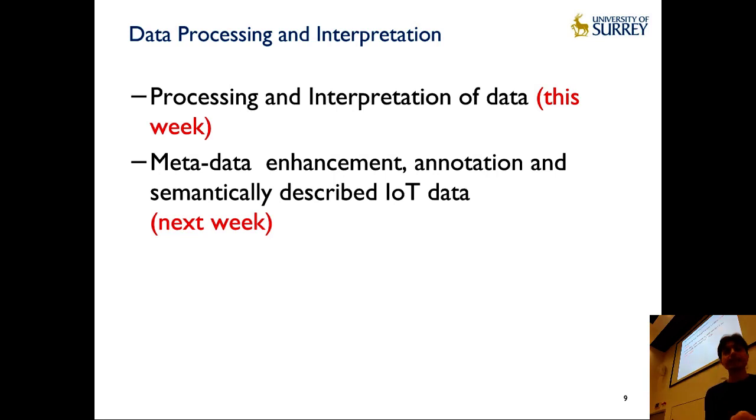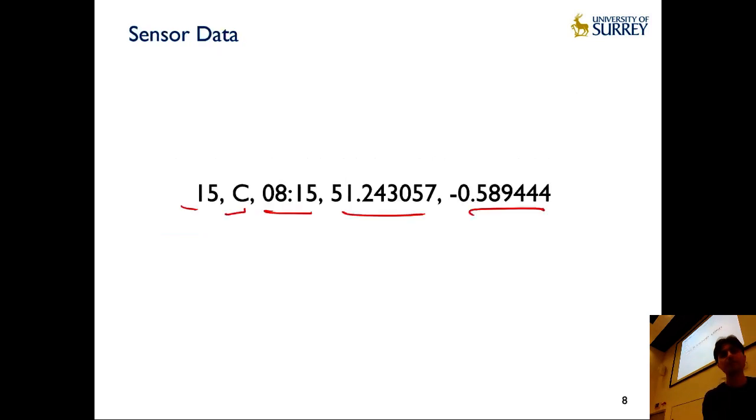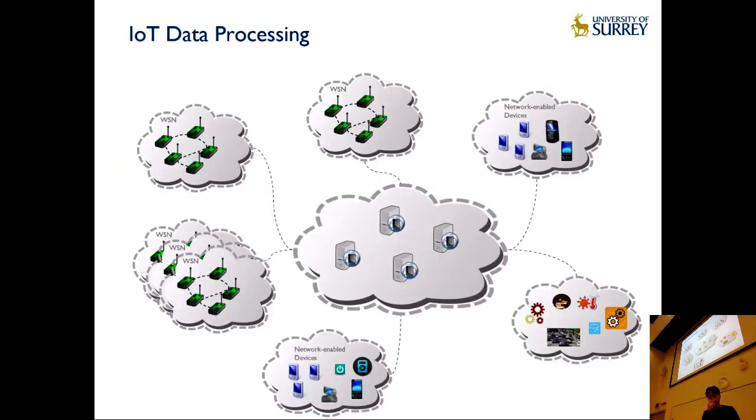Next week, we look at how we can specify the metadata for that information to make it available for searching and for integrating data from different sources with different parameters. Today, the main focus will be on this value. Next week, we will mainly focus on how to specify the other parameters which provide context to that value.